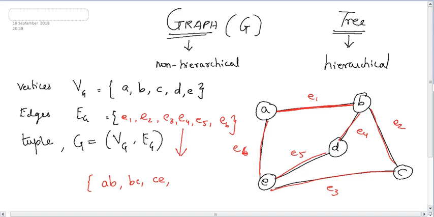So you can change the name, but don't include them twice with two different names. Now, edge E4 is between B and D, E5 is between E and D, and E6 is between A and E. So you can represent them in either format.